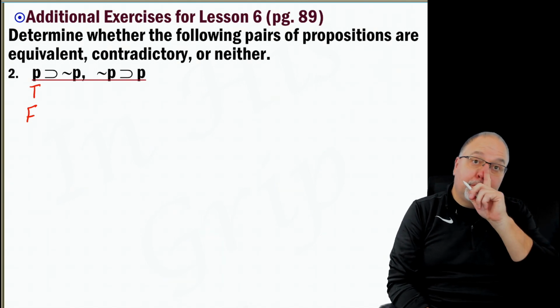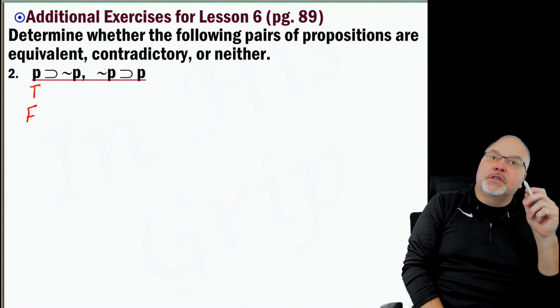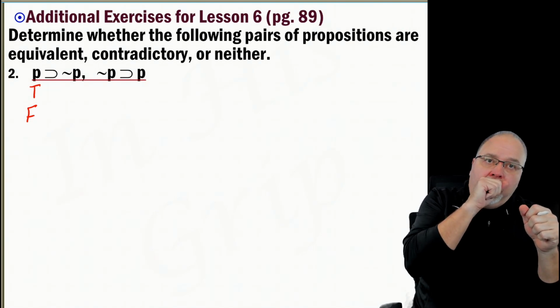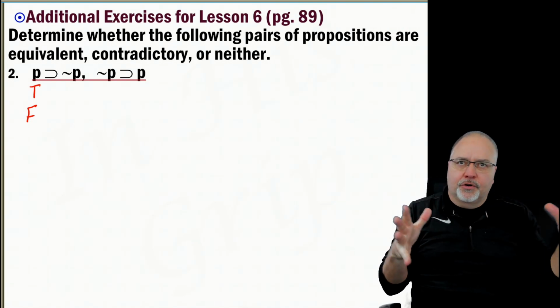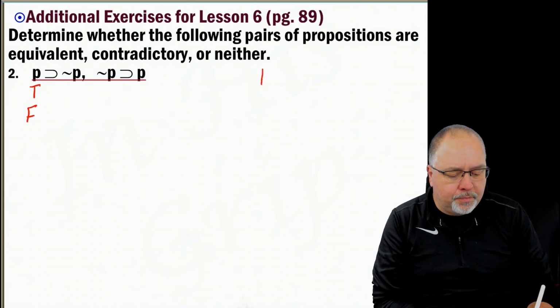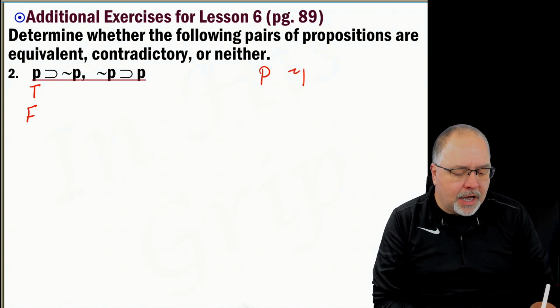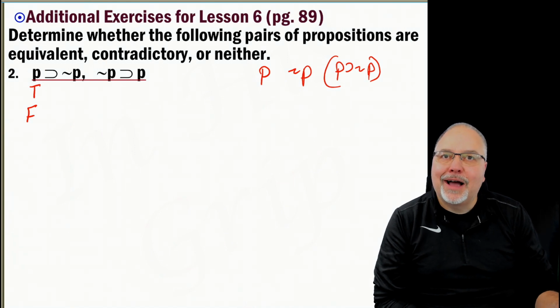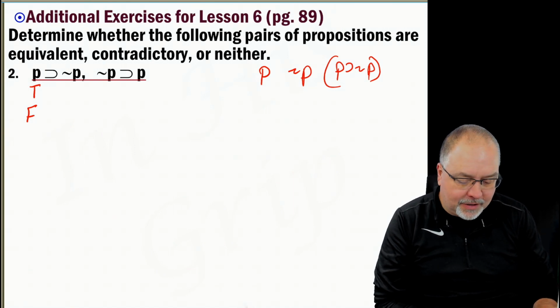I would suggest that at the beginning you take the time to do your whole thing. So let me write over here that you would do P, and you would do not P, and then you would do if P, then not P. You do that as a proposition. My issue I have here on the screen is space.